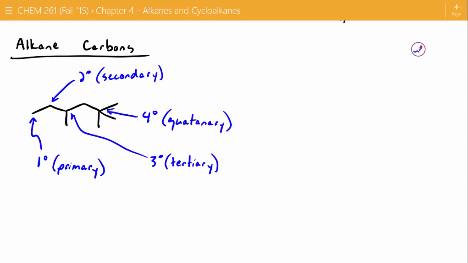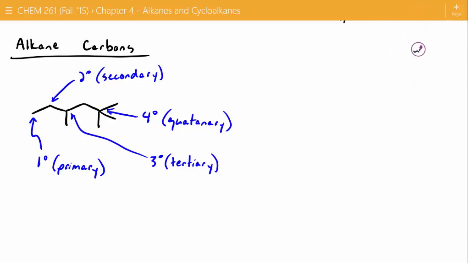And we don't ever go above a quaternary carbon. Why not? Yeah, it'd be a Texas carbon. So we'll see primary, secondary, tertiary, quaternary. And occasionally, too, you'll see people refer to a methyl group, or a methane carbon, which is just a CH4 carbon, meaning it's not bound to any other carbons.